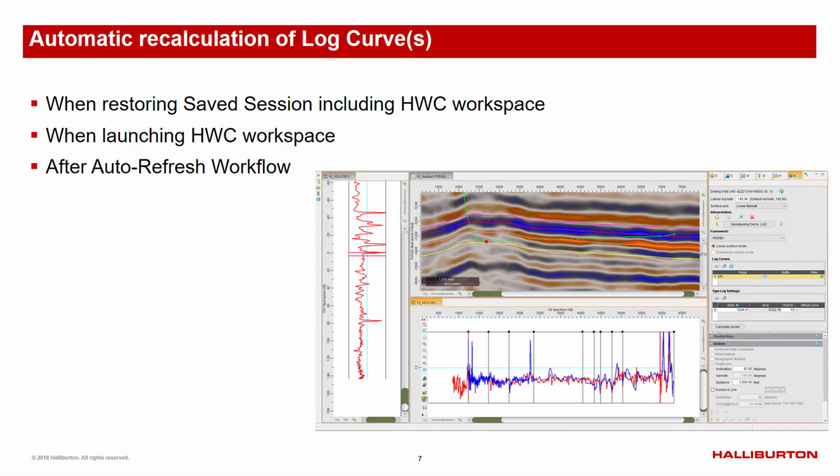So you don't have to worry about the log curve, like the predicted curve you're trying to interpret, being outdated. With all of this, that can definitely help users always use the latest data from OpenWorks. Also, they can always do the interpretation in real time.